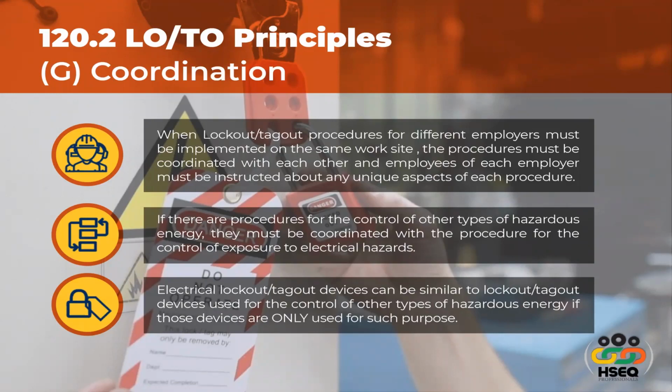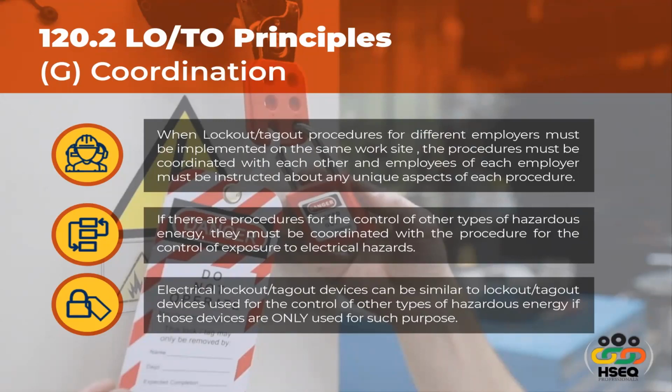And I have established a complete electrically safe work condition for the substation. So when lockout and tagout procedures for different employers must be implemented on the same work site, the procedures must be coordinated with each other, and employees of each employer must be instructed about the unique aspects of each procedure.